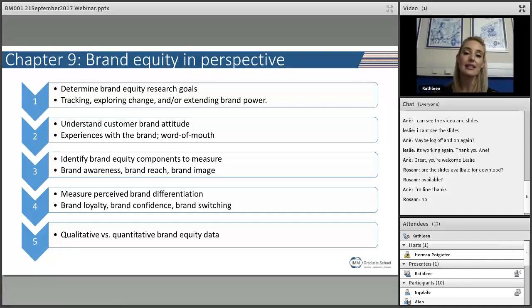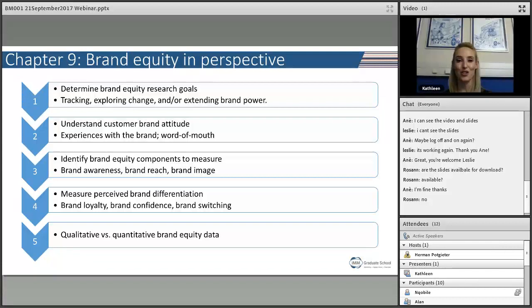Thirdly, I will identify the brand equity components that I would like to measure. And basically, then we're going to focus on brand equity, which looks at brand awareness, brand image, and we can also look at the reach of my brand. How many members of my target market have been exposed to and have adopted my brand? The fourth step is then to measure the perceived brand differentiation.